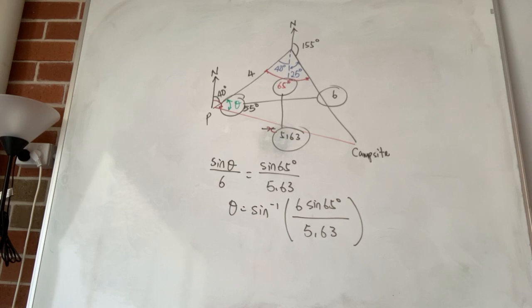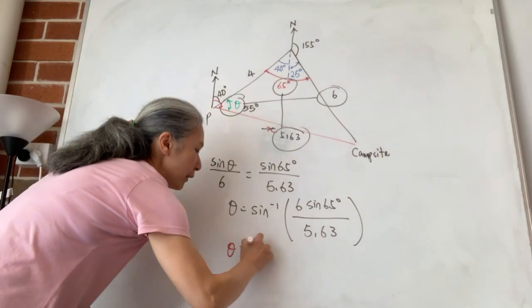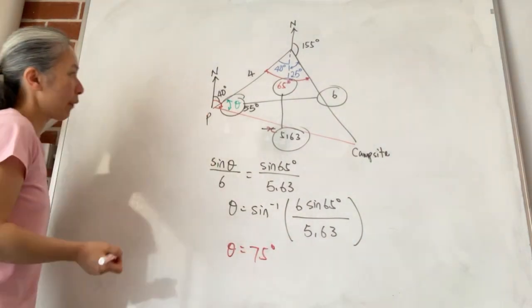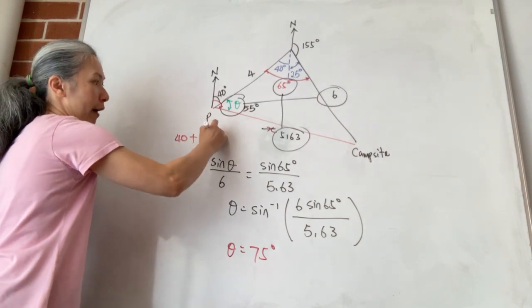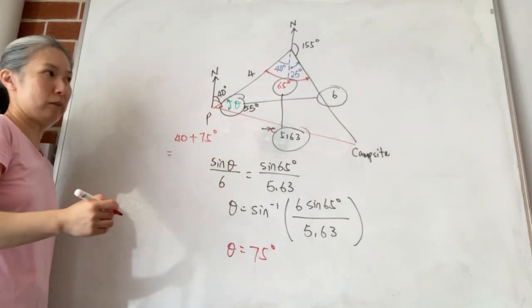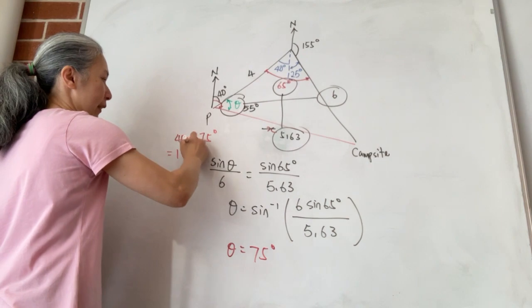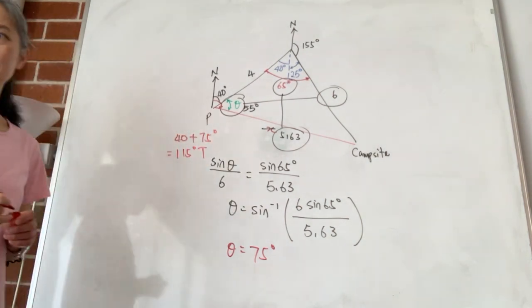Oh, that's why. Yes, much better. Yes, 74.9, about 75. And therefore the whole angle is going to be 40 plus 75 degrees, which is 115 degrees true bearing.